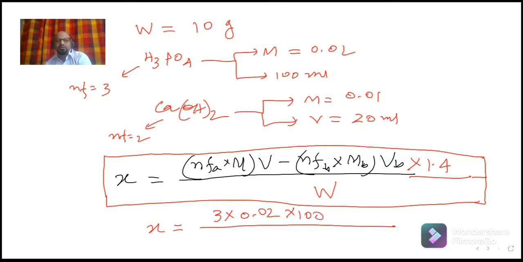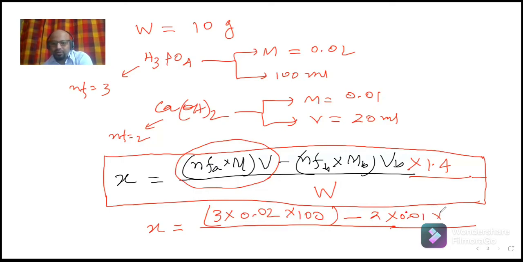So this is the concentration term, total millimoles of acid, minus n factor of base is 2, molarity is 0.01, into volume is 20 ml. Now divided by 10, into 1.4.